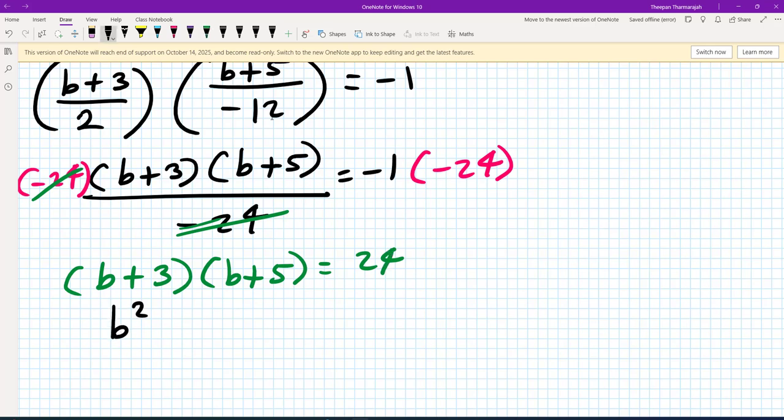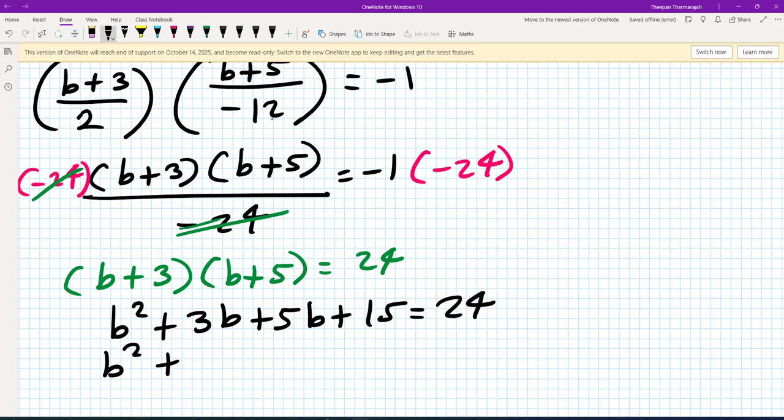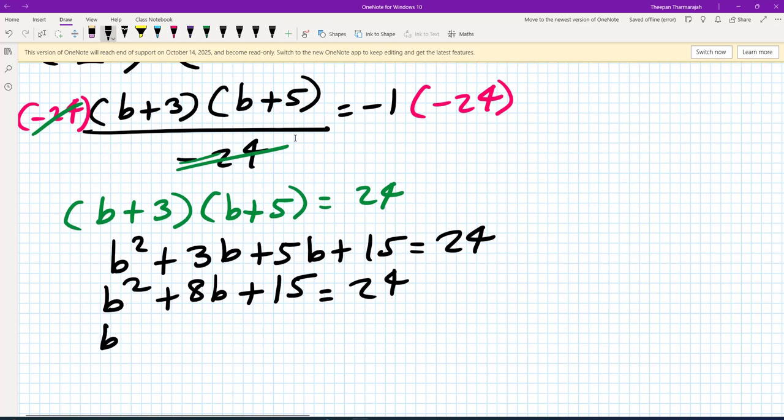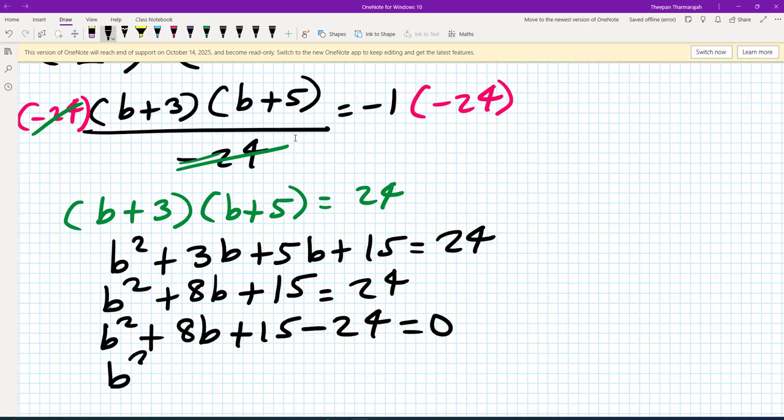So expanding the brackets out, we get b squared plus 8b plus 15 equals 24. So we get b squared plus 8b plus 15 minus 24 equals 0. b squared plus 8b minus 9 equals 0.